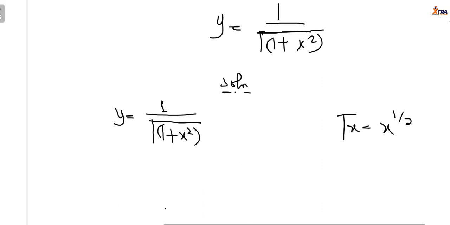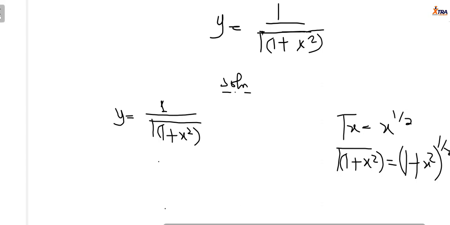So here now we have root of 1 plus x to the power 2 in brackets. This means we can change it to 1 plus x to the power 2, raised to the power 1 over 2.